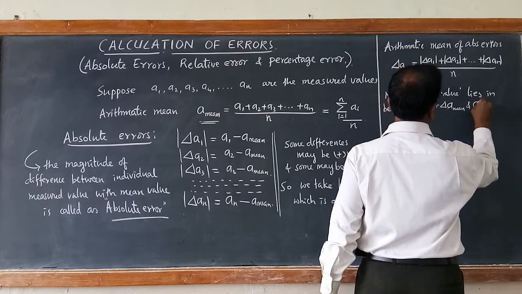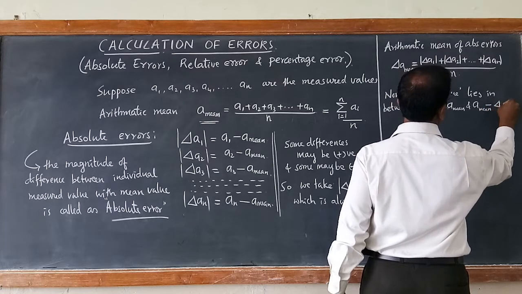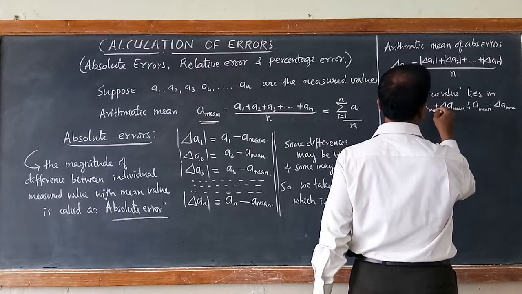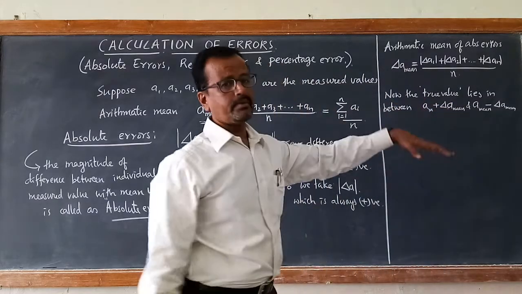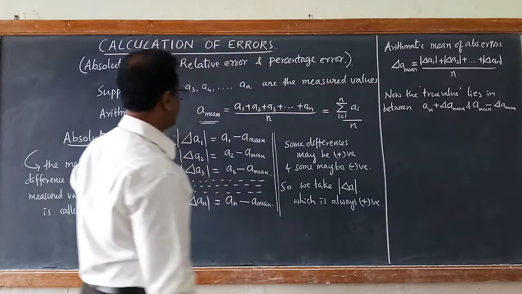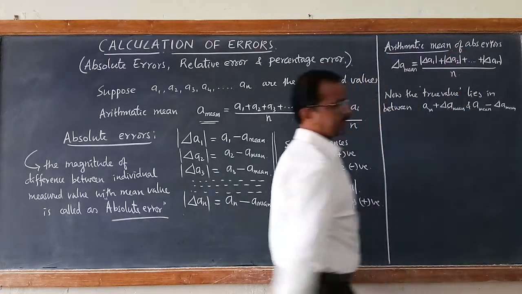What is the meaning of this? We will come to know once we solve a simple problem. So this is the meaning of absolute error calculation and arithmetic mean of absolute errors.